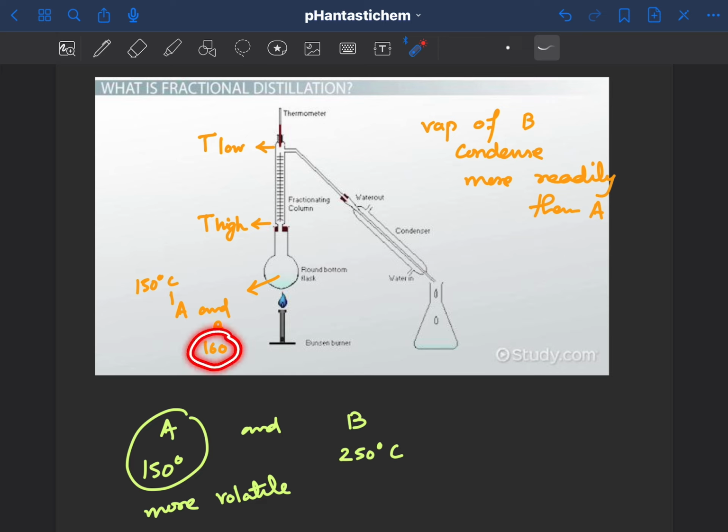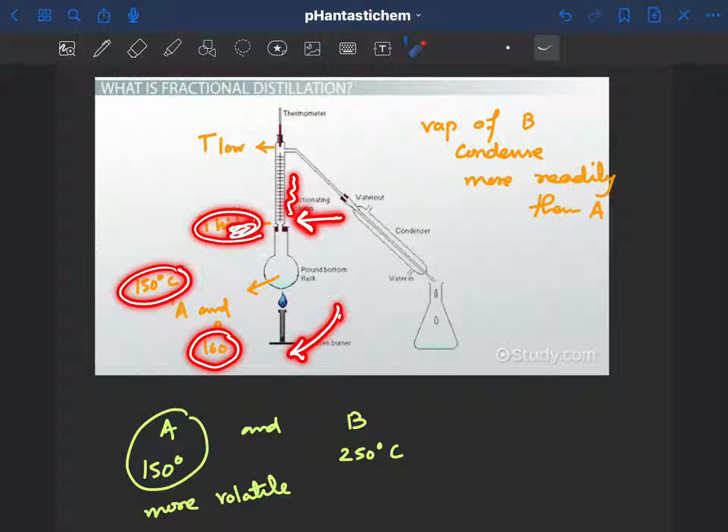So the temperature at which it will become liquid back from gas will be 160 itself. So 160 is possible at this particular height of the fractionating column. For A to become liquid, we have to reach 150. So we have to travel up because temperature decreases. Remember, there is a gradient.